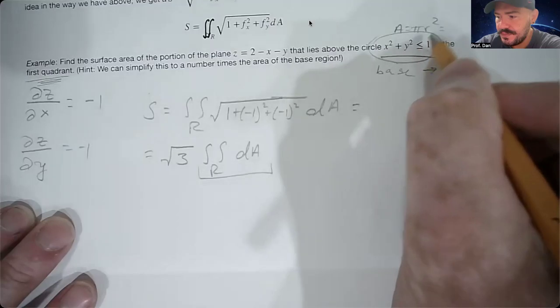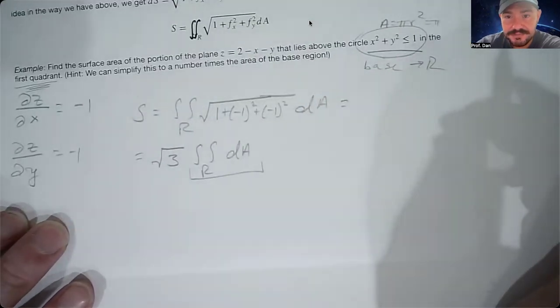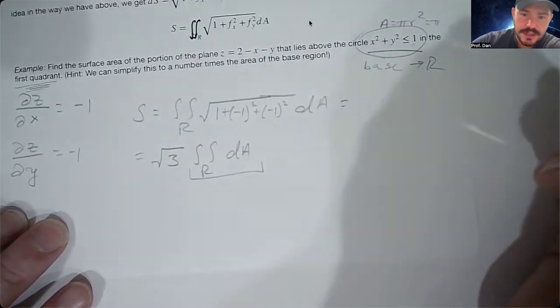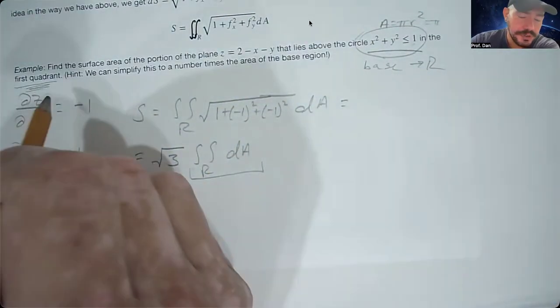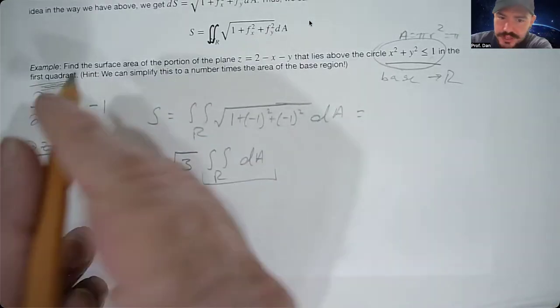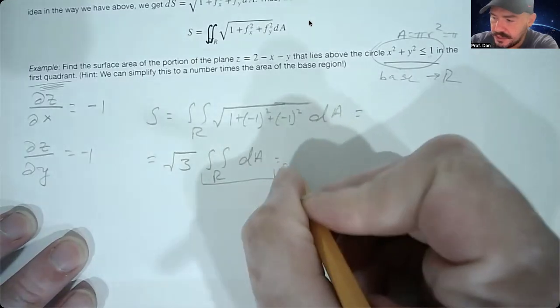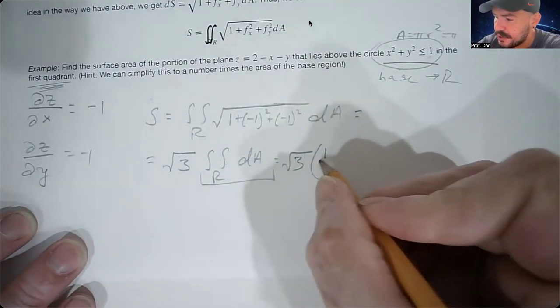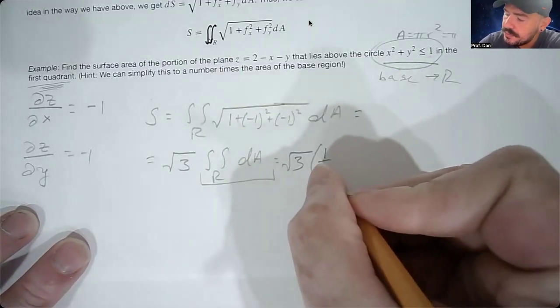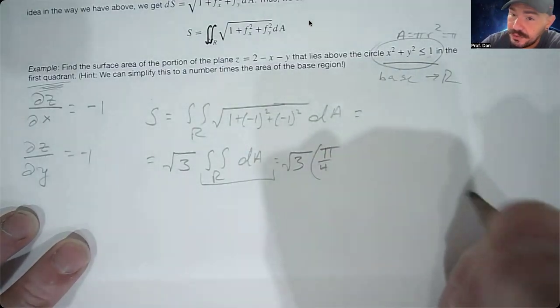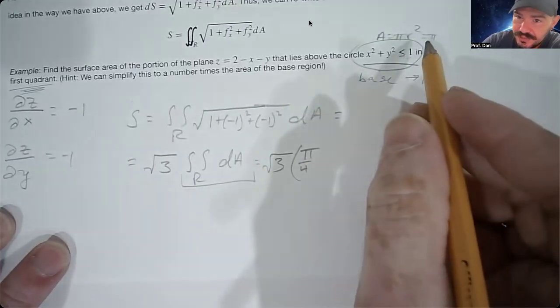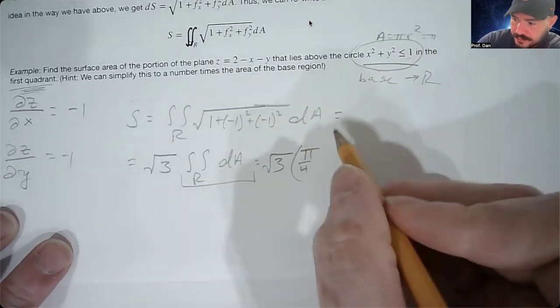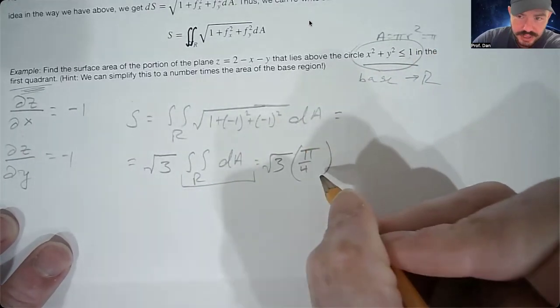So the area of the entire circle would just be pi. If we take into account that we're only looking at the part that's in the first quadrant, we know that this would end up being the square root of 3, that constant we took out, multiplied by pi over 4, right? The area of the circle divided by 4, because we're only looking at a quarter of the circle.